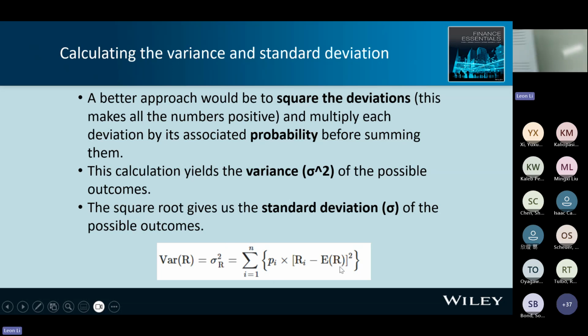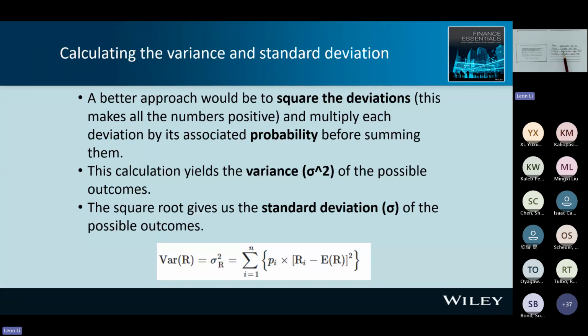Okay, so I like to break down the calculation in several steps. When I calculate the standard deviation, I have 4 steps. Step 1, we calculate the deviation from the expected return. Step 2, square the deviation.